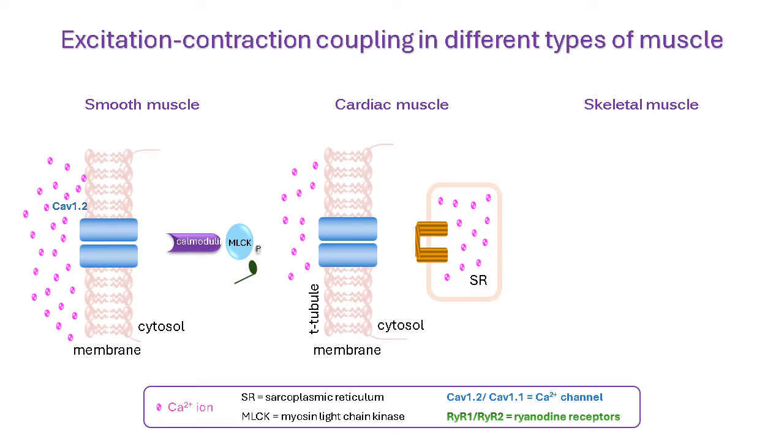Immediately under the T-tubules is another network, the sarcoplasmic reticulum, or SR, which acts as an intracellular store of calcium. These networks surround individual bundles of contractile proteins, or myofilaments. The closeness of the plasma membrane, the SR, and the myofilaments means that they can act as a unit.